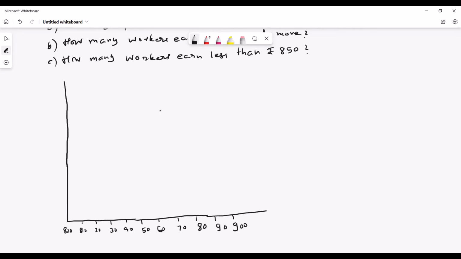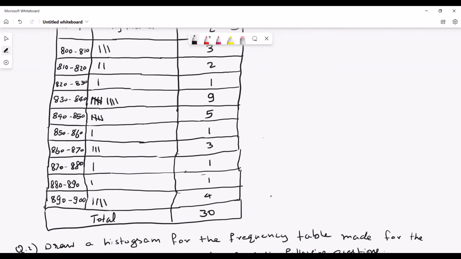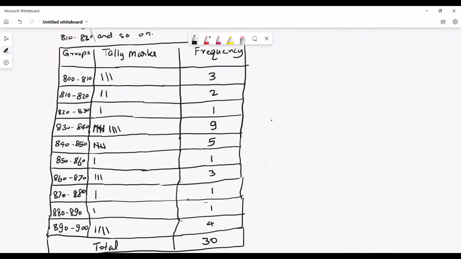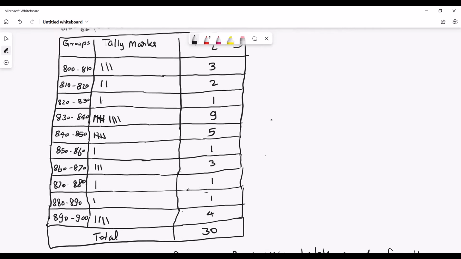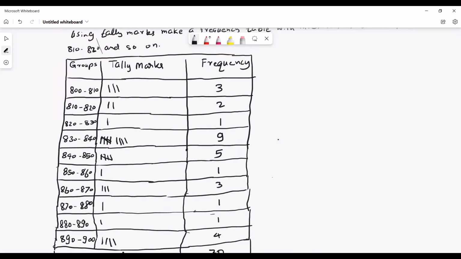And here we are having the marks also. So generally here, frequency, when you see, we will get it from 1 to 9.